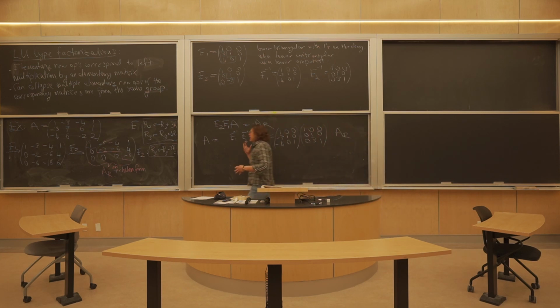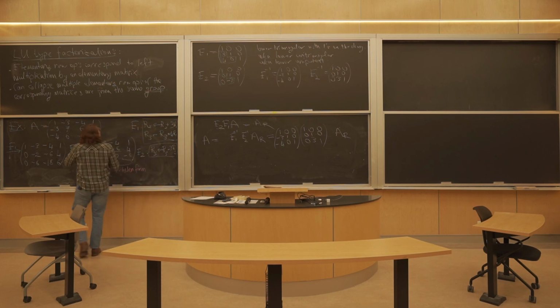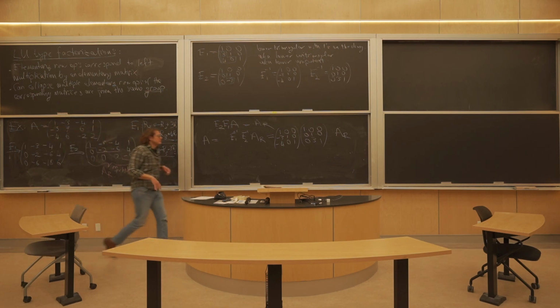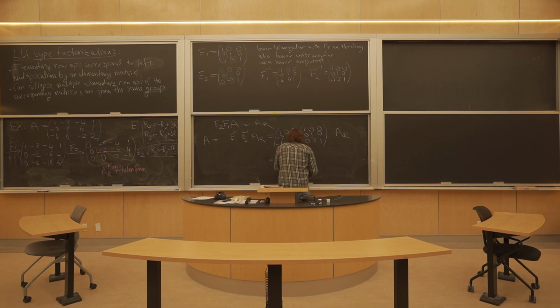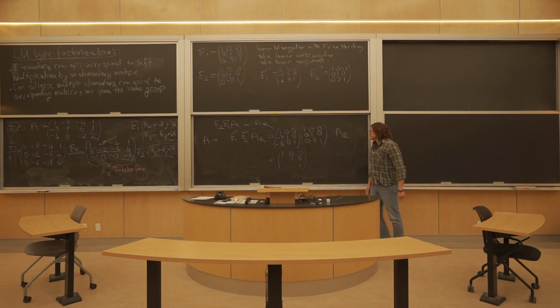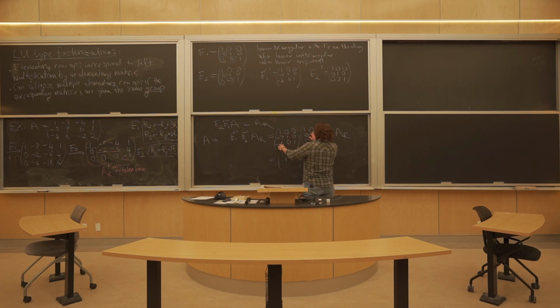I want to group matrices of the same type, essentially. And so when I do this multiplication, I'm again going to get a triangular matrix like this. And the entries are going to be this. So this is minus 3. And then this is minus 4. And then this is 3.